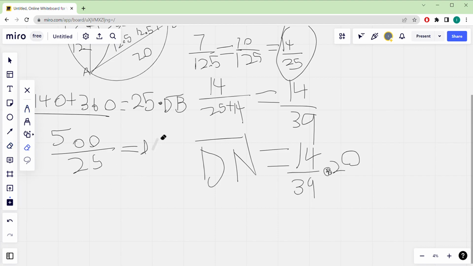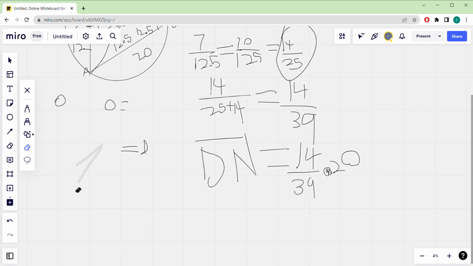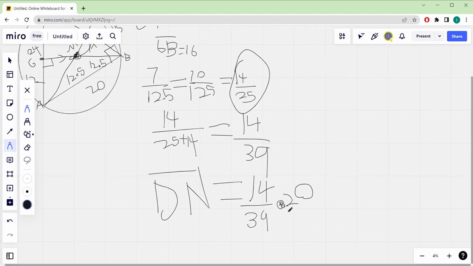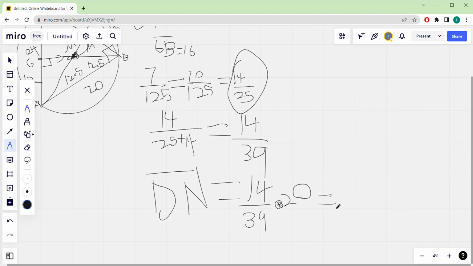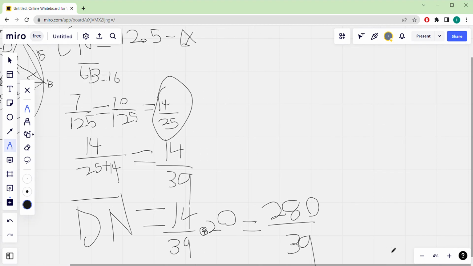Clear this up. Yeah, so that means that this should be 280 over 39 is the length of DN.